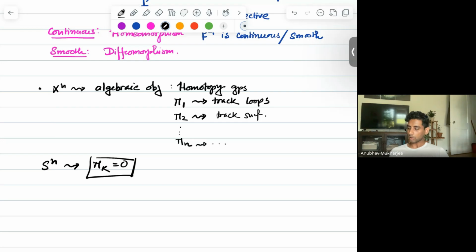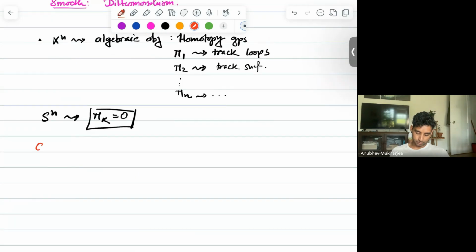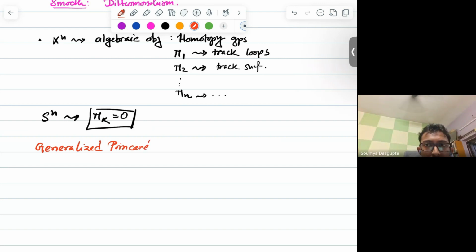With that notion in mind, we can now define the generalized Poincare conjecture. You mean for k less than or equal to n minus 1, right?